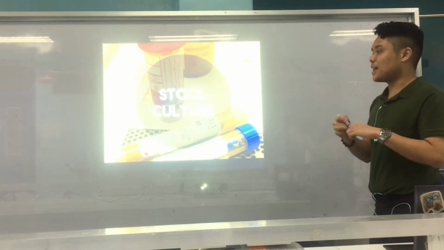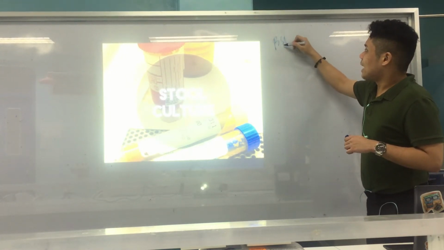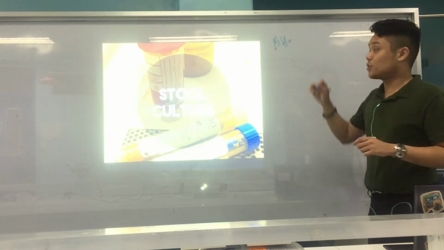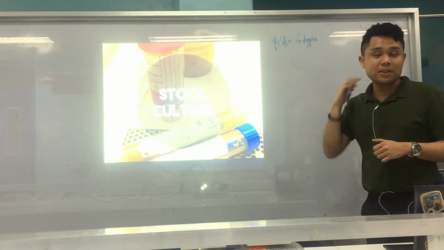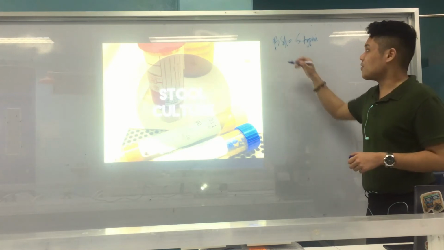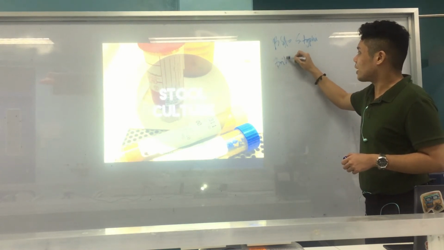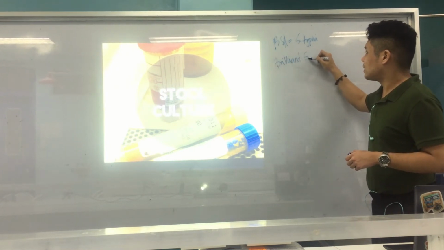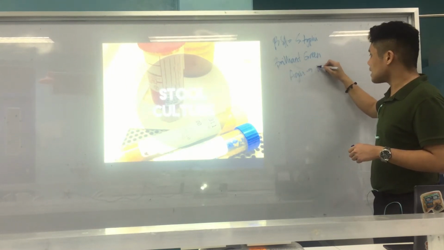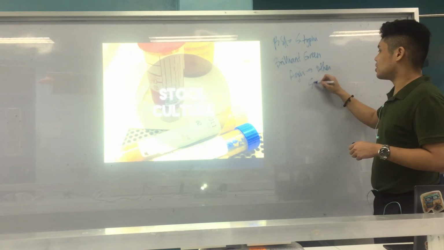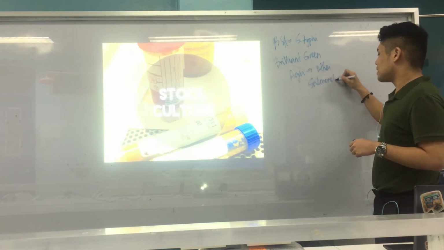Another thing, we have BSA, bismuth sulfite agar, which is specifically for Salmonella typhi. We also have brilliant green agar, which is used for the other Salmonella species except S. typhi.